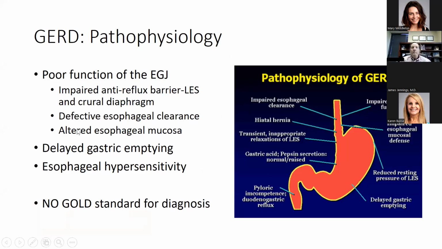Okay, so just to kind of quickly go over the pathophysiology of gastroesophageal reflux disease, initially it was thought to be simply due to transient lower esophageal sphincter relaxations. The lower esophageal sphincter would relax and reflux would come up and cause problems, but really it's a multifactorial disease that has both functional and anatomical components to it. The main part involves the esophagogastric junction.